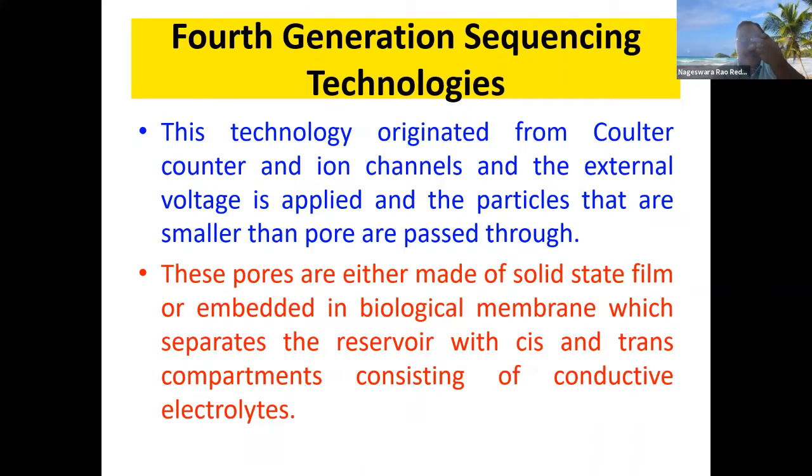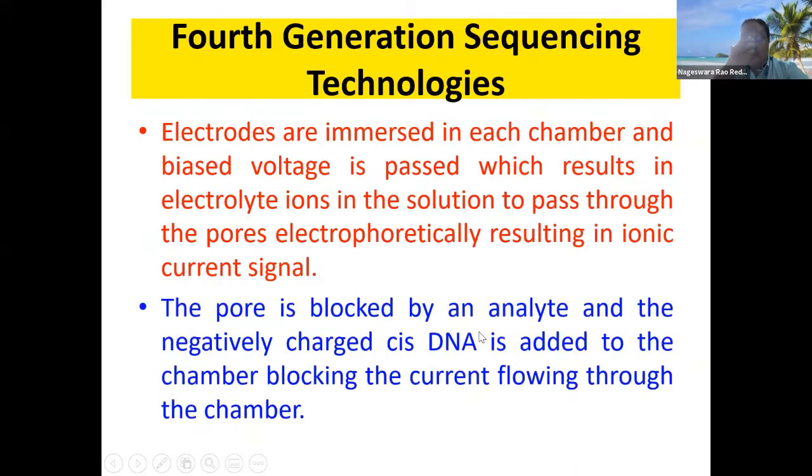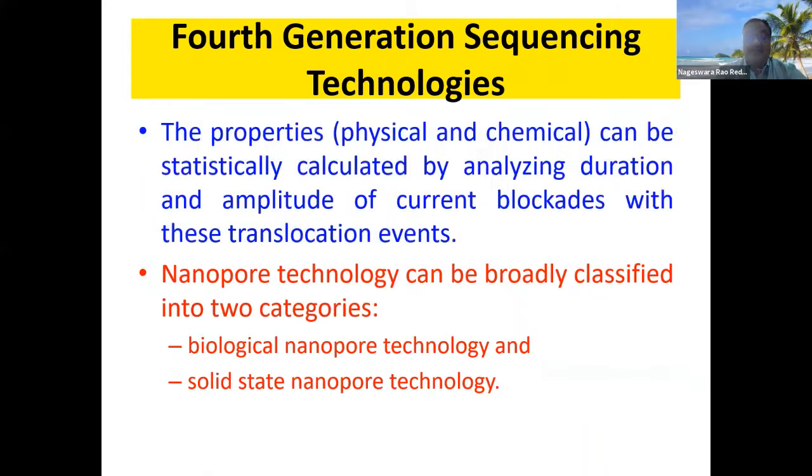Once they pass through, they generate electricity. So electrolytes which are immersed in each chamber will generate electricity, and these electrolyte ions pass through electrophoretically, resulting in an ion current signal. This ion current signal is actually taken into consideration. Okay, and this will give you.